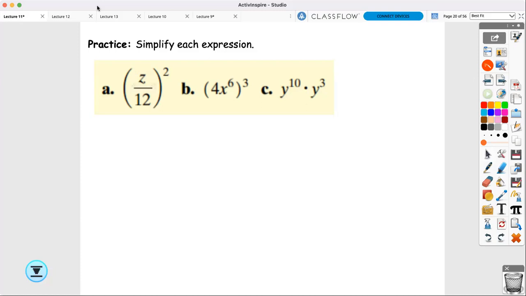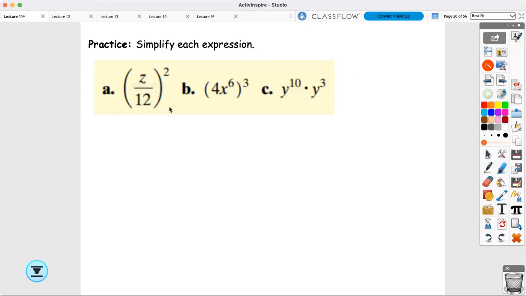All right, let's see what you got for A, guys. Be careful, Joshua, because remember the exponent goes to the 12 too, so it's 12 squared, not 12 times 2.